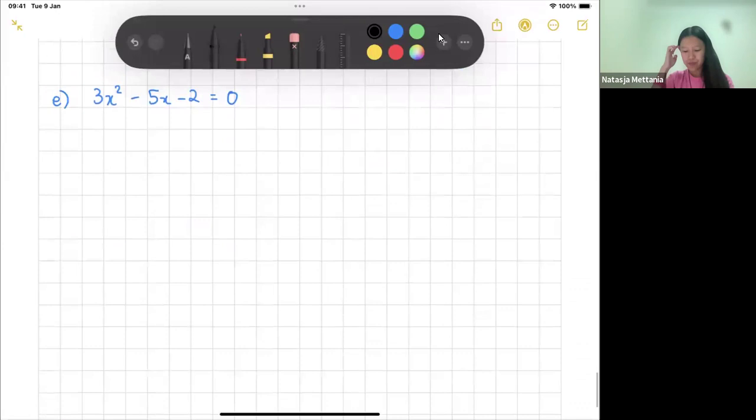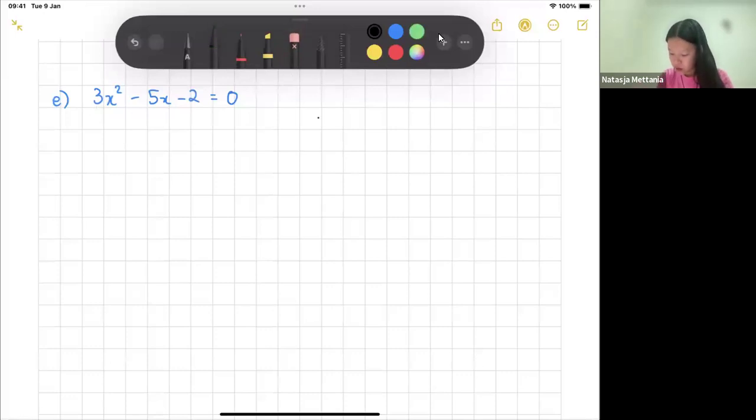Lucky last question. 3x squared minus 5x minus 2 equals 0. I think you know what the method of factorization here is. First off, the number in front of the x squared is greater than 1, so that means it's straight away grouping in pairs.